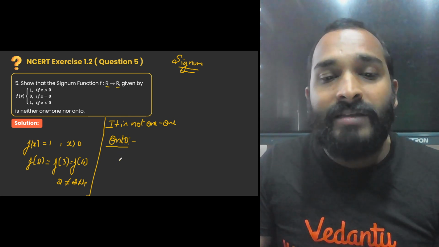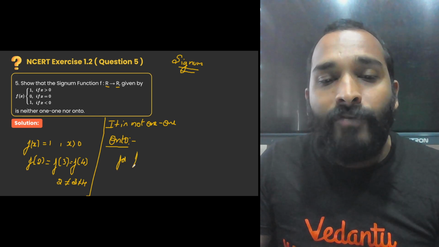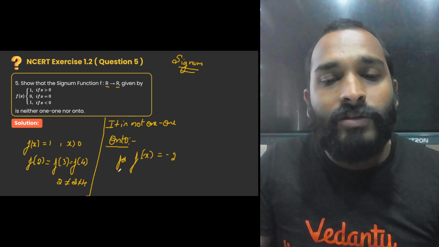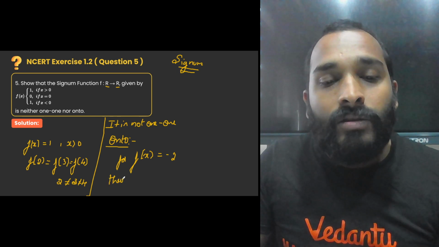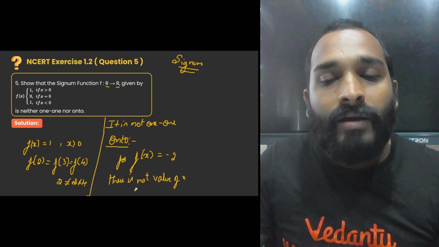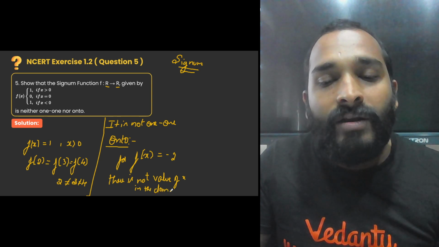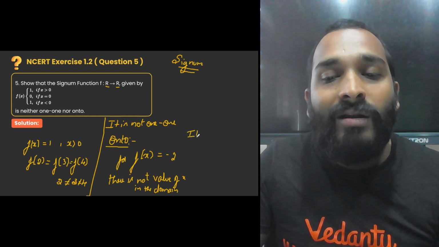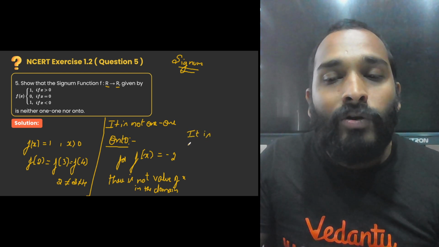In that case, for f of x equal to minus 2, there is no value of x in the domain, right children? In that case you can write, it is not onto. It is neither one-one nor onto. So you proved it is neither one-one nor onto.